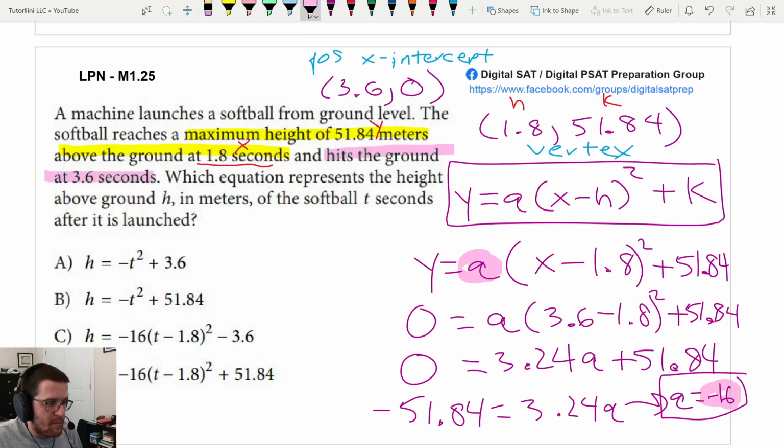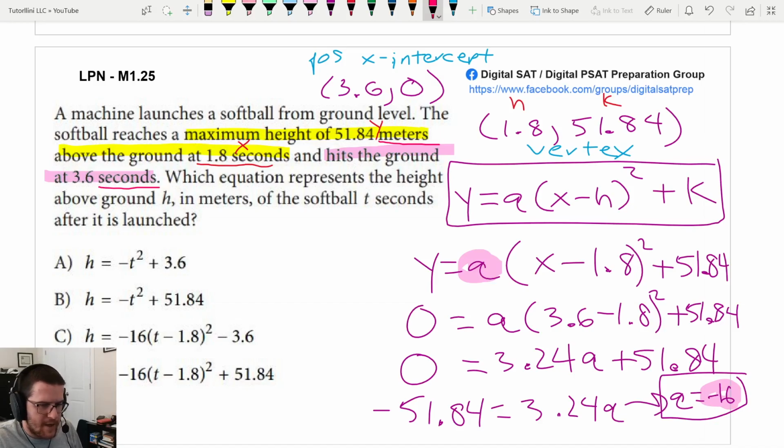If you want to remember, I don't know if I would advise this, but I've talked about this before, that when the units are seconds and meters, or is it seconds and feet, it's supposed to give you negative 16?